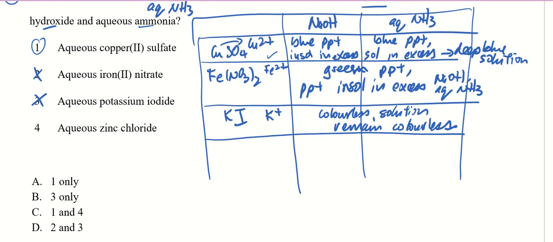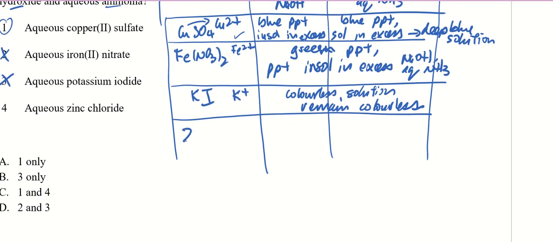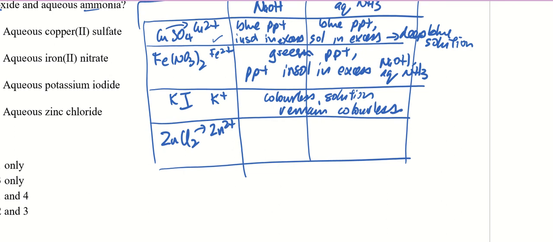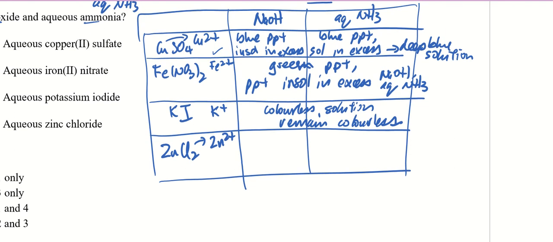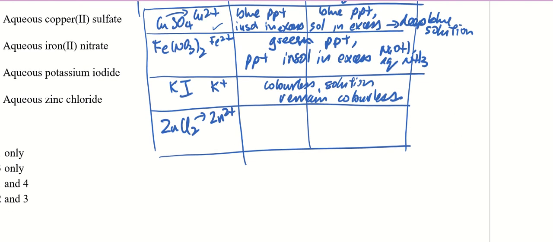Let's see whether we can use 4, zinc chloride. Now zinc chloride will have the zinc 2 plus ion. Okay, and if you remember your QA table, you will remember that for zinc ion Zn2 plus, in both sodium hydroxide and aqueous ammonia, we will get a white precipitate.